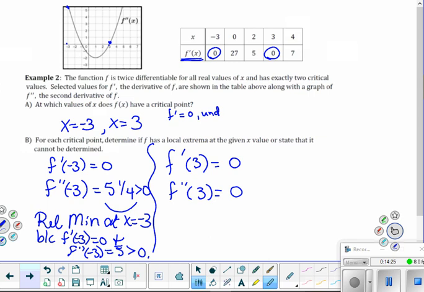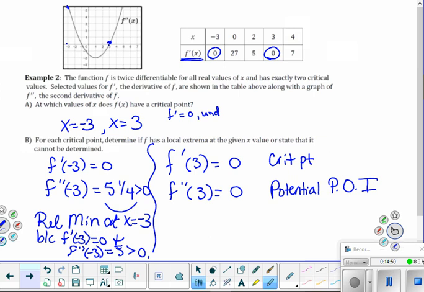The next one, it's definitely a critical point, right? But then I look at second derivative information, and this makes it a potential point of inflection. So it would be neither a min or a max. x equals 3.